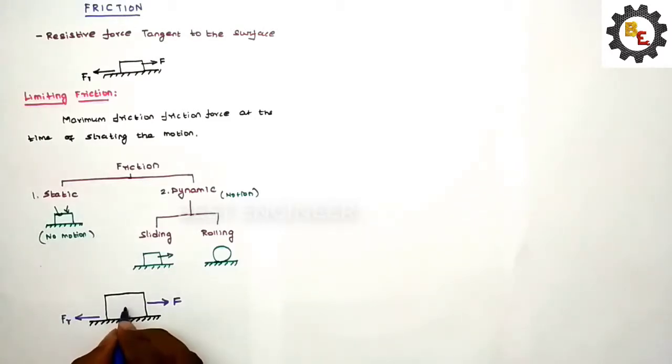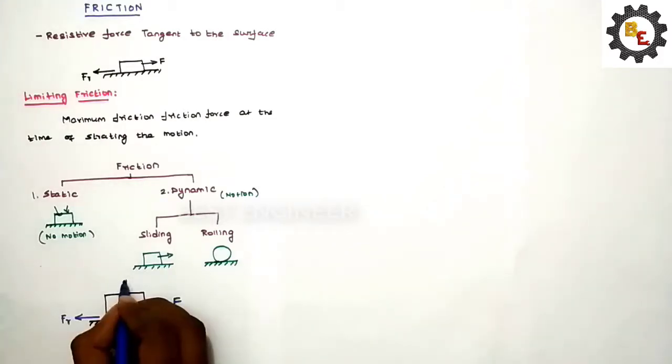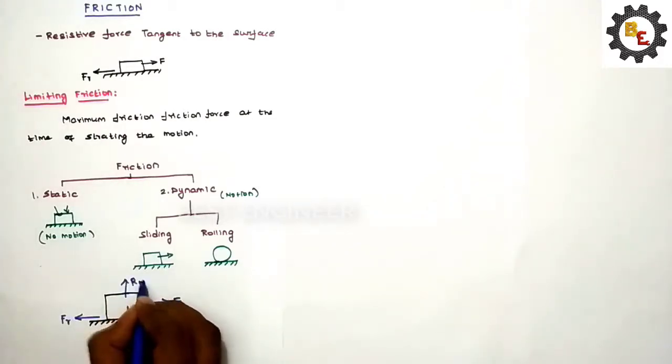The self weight acts towards the downside, that is W. Due to the self weight, normal reaction will be created perpendicular to the surface, that is normal reaction.